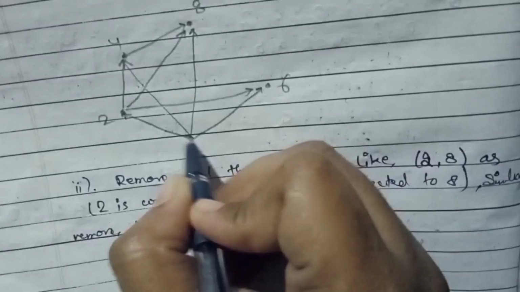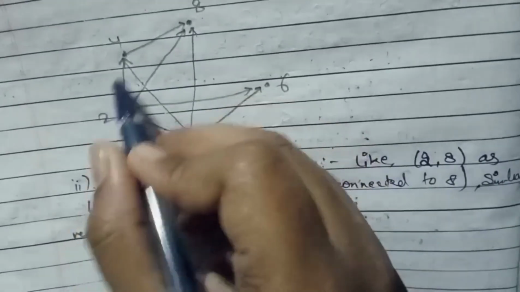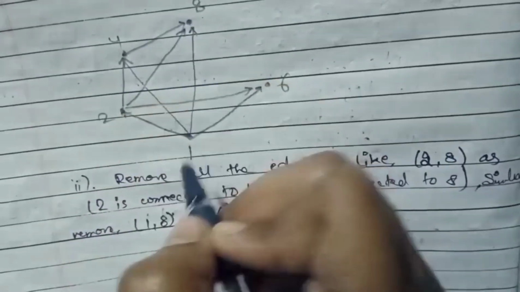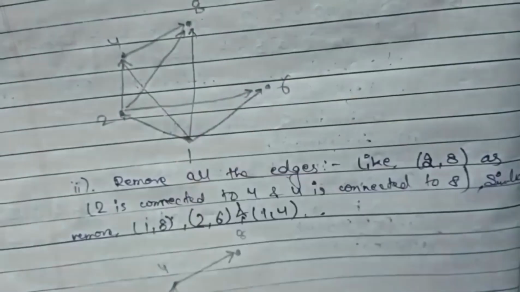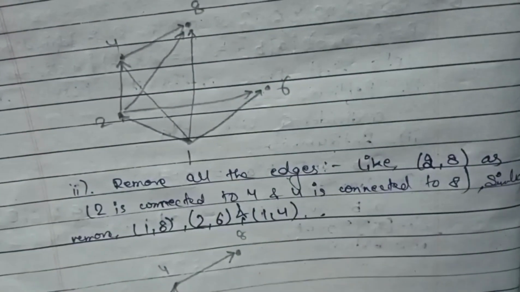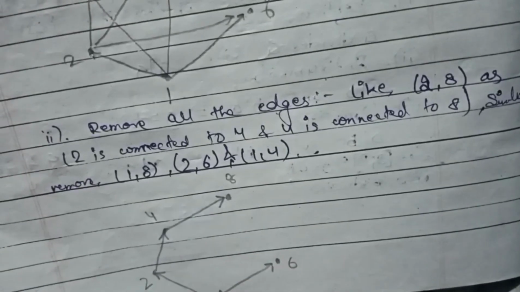We can say that 1 is directed to 2, 2 is directed to 4, and 4 is directed to 8, so 1 is indirectly connected to 8. No need to show it separately. Here I have removed all of these. Now it will look like this.